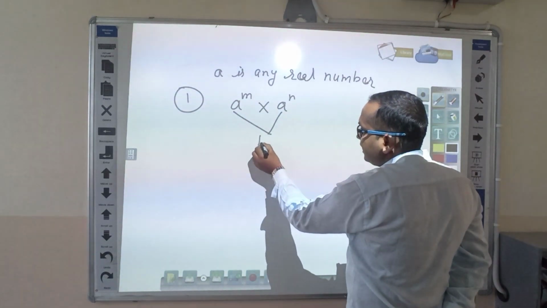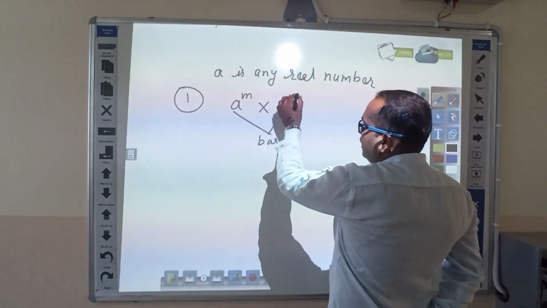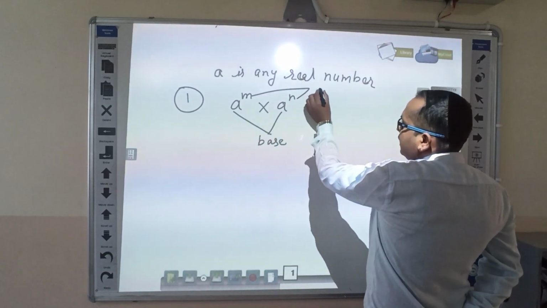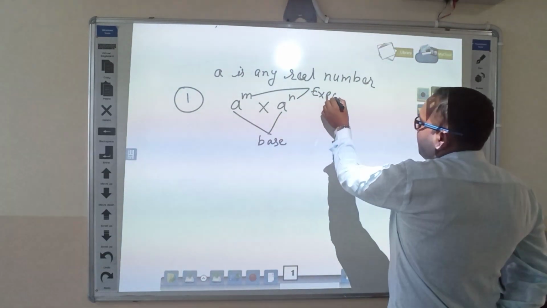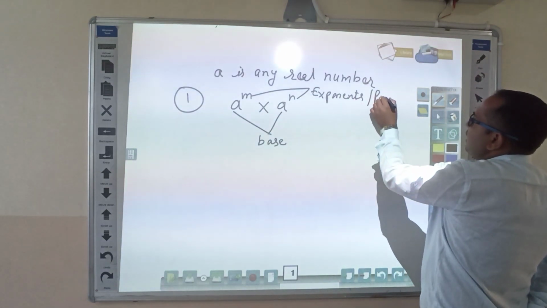Here the bases are equal. This is called base and this is called exponent, or it is also called power.